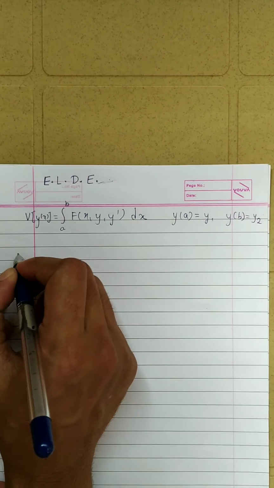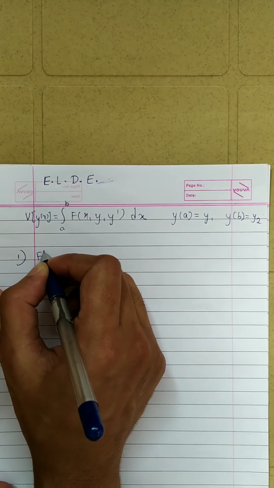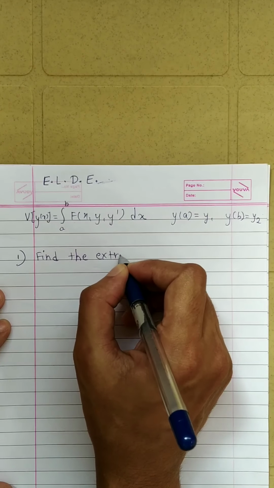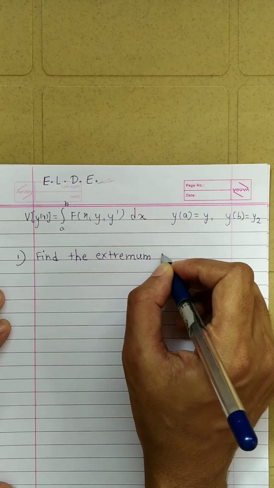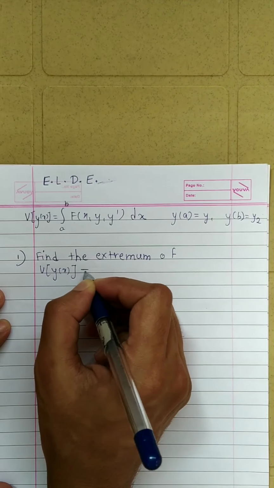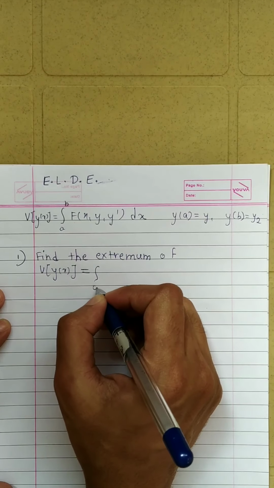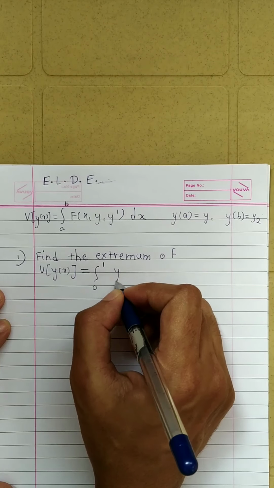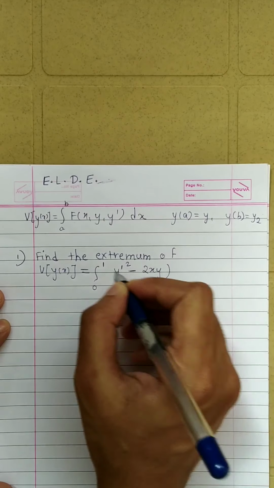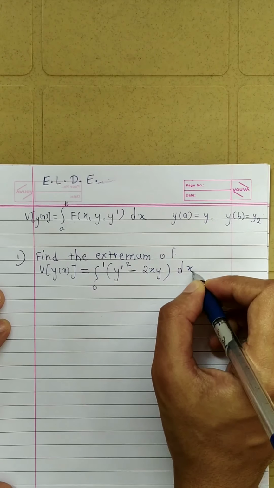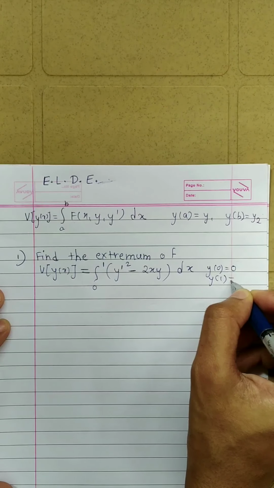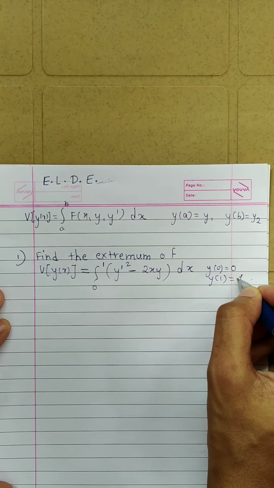So let us take one problem. Find the extremum of the functional y of x equal to integral from 0 to 1 of y dash square minus 2xy dx, with y at 0 is 0 and y at 1 is equal to minus 1.